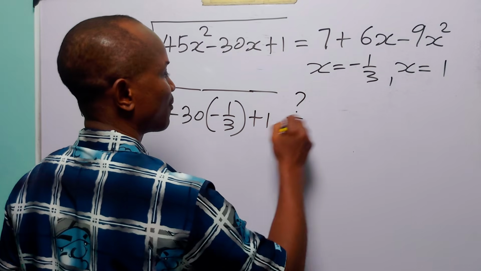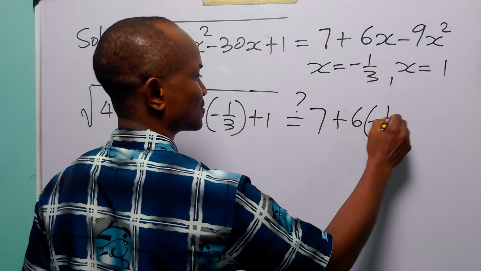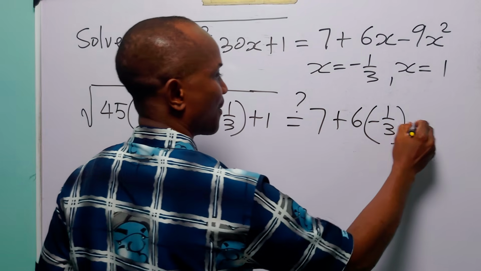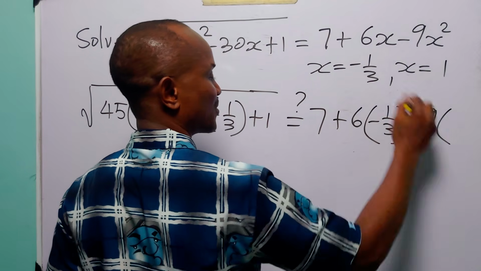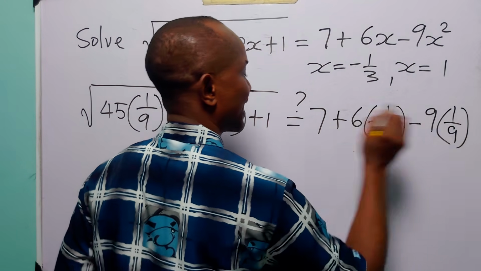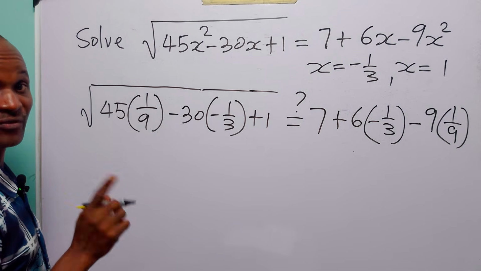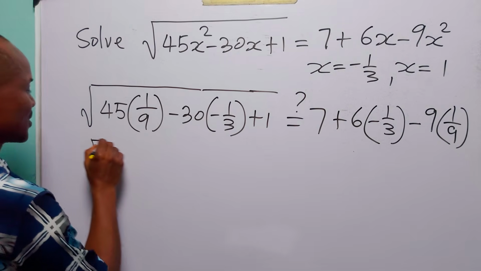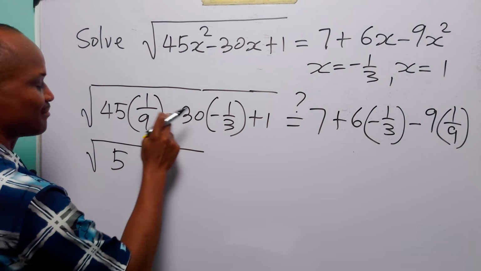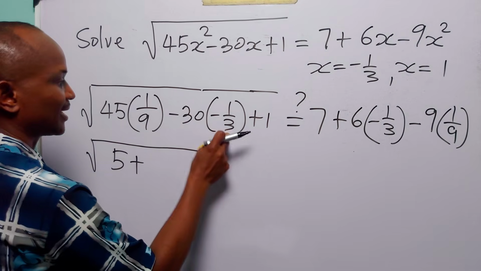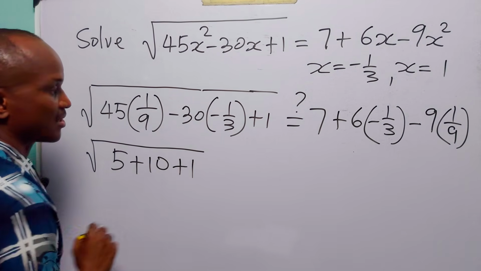Now, is this equal to 7 plus 6 times minus 1 over 3 minus 9 times, of course, minus 1 over 3 squared is 1 over 9. 9 into 45 is 5. So this is the square root of 5. Minus minus is plus. 3 into 30 is 10. And we have plus 1.